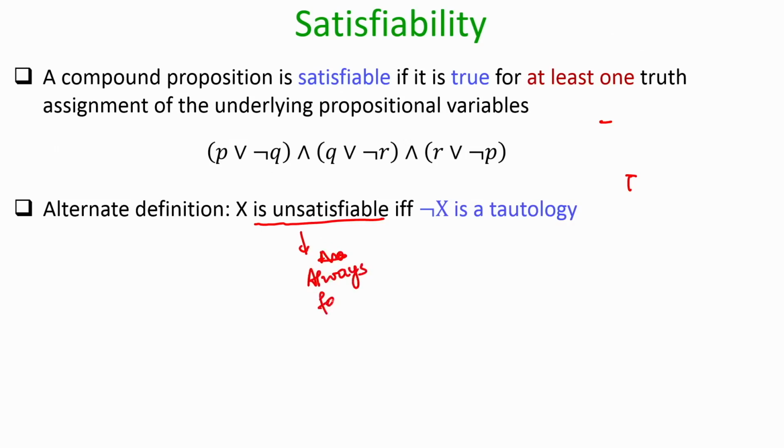Satisfiable means at least one truth assignment exists for which x will be true, but unsatisfiable means it is always false, or in other words it is a contradiction. And if it is a contradiction, then if you take the negation of that, it will be always true. That is why this alternate definition is correct.